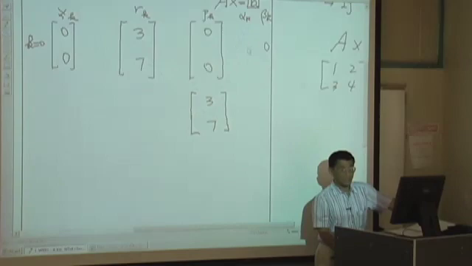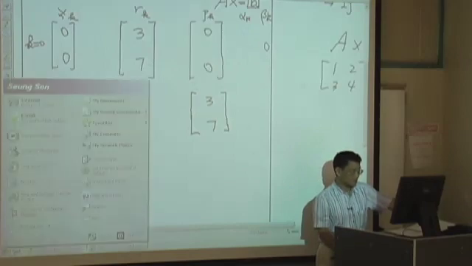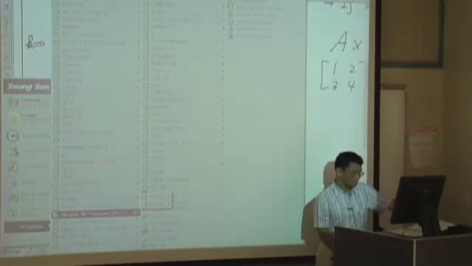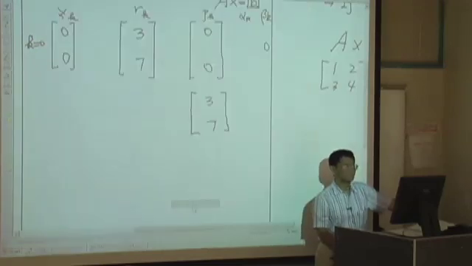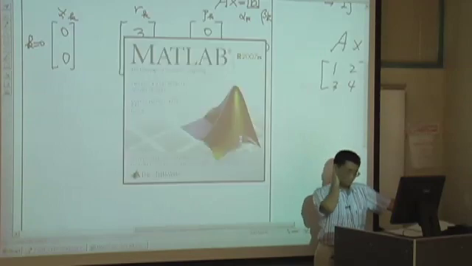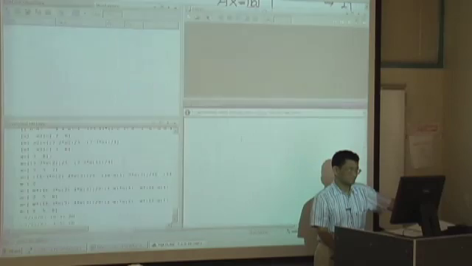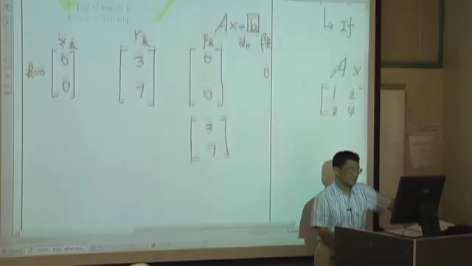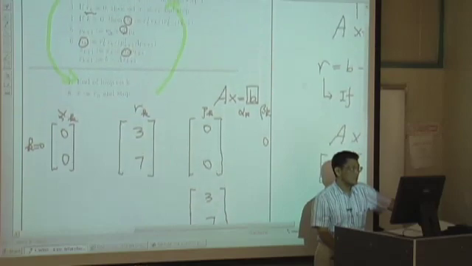So let's do the calculation using MATLAB. And as you can see, this is the step we want to do.